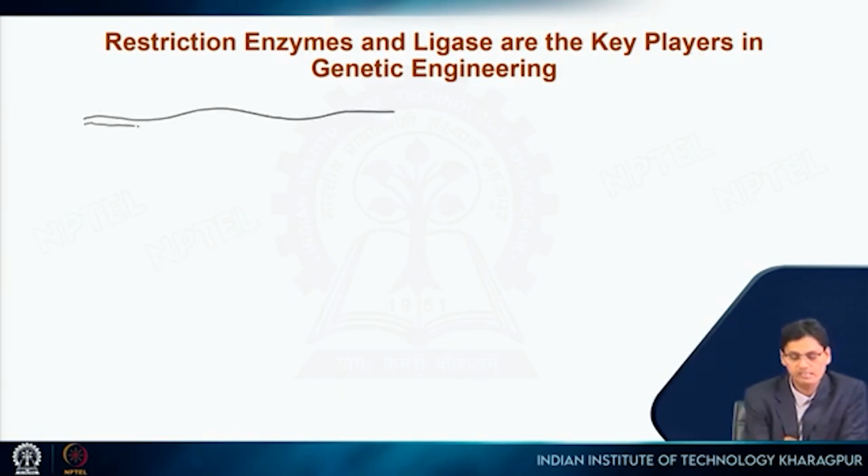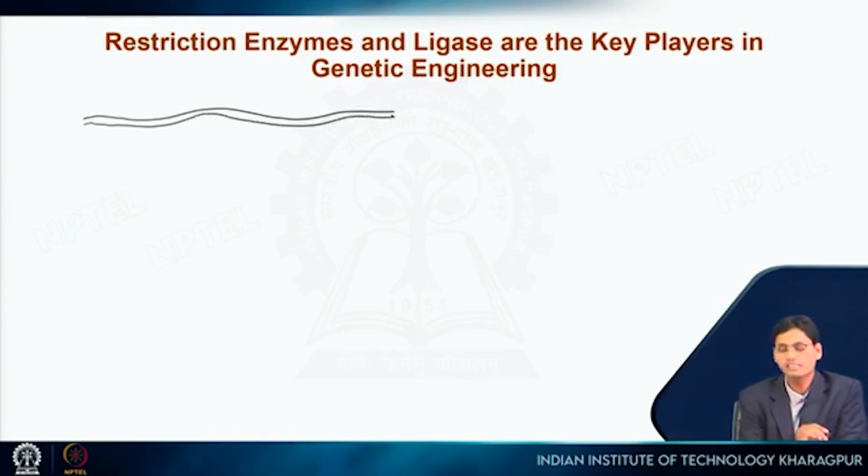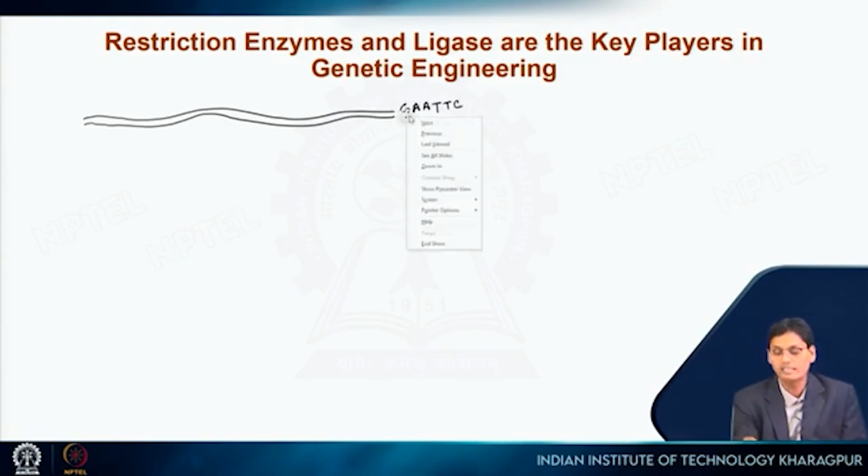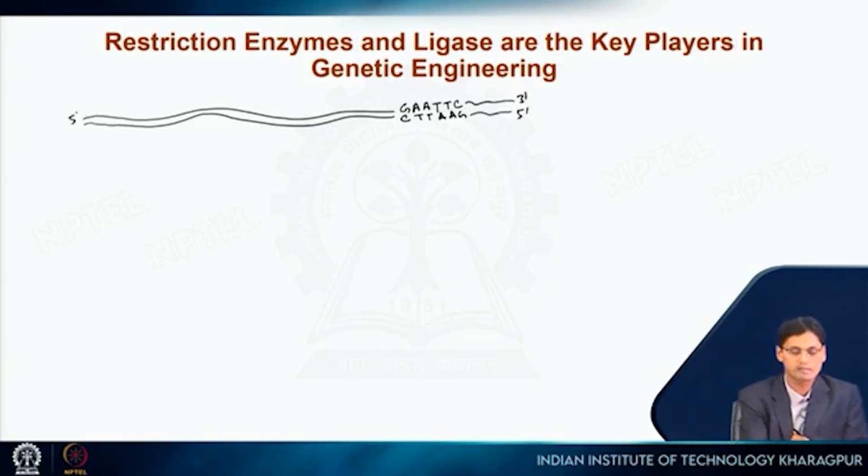If this is DNA, and here I am putting this sequence: G, A, T, T, C. Similarly, here C, T, T, A, G. So 3 prime, 5 prime, 5 prime, 3 prime.